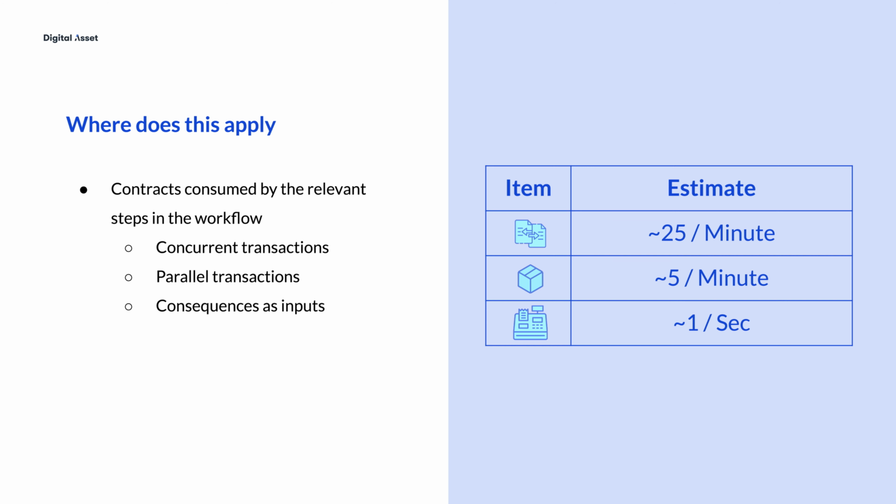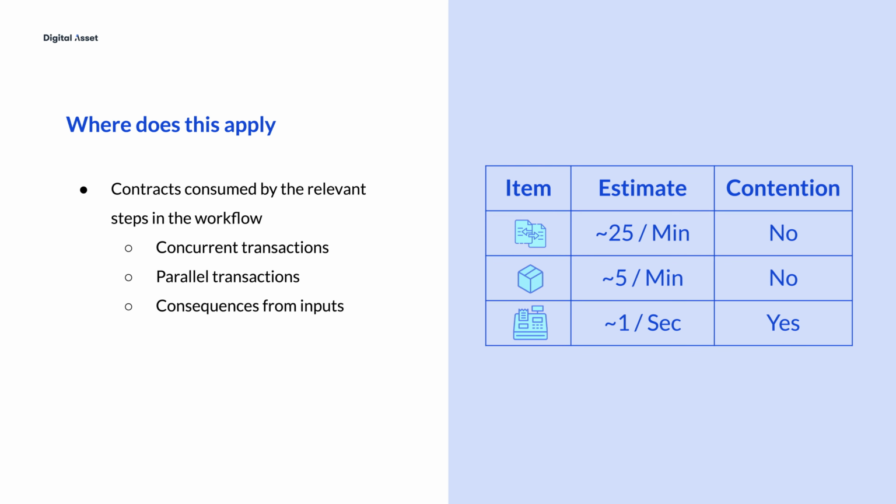And are there any consequences from one step that become inputs that another workflow will need to wait for? Note that all of these involve updating a contract, which in Daml always involves contention on an archive operation, so that makes a good guide. Identify the workflows and workflow steps that want to archive the same contract.